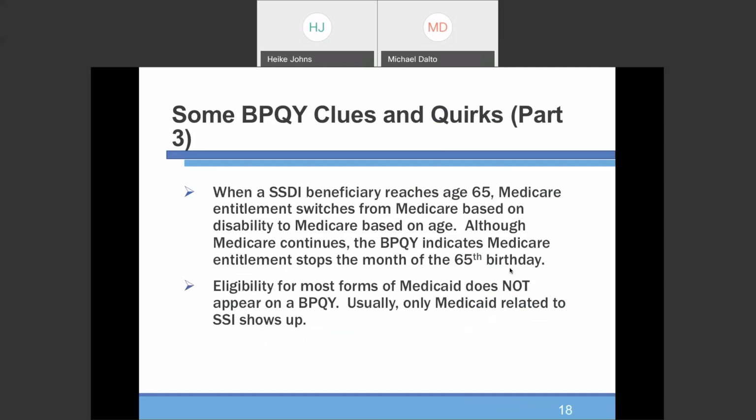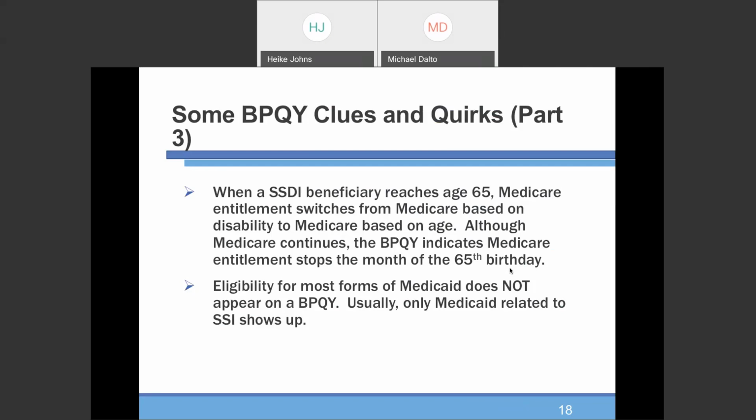Now, when somebody getting Social Security disability reaches age 65, their Medicare is going to switch from Medicare based on receiving Social Security disability to Medicare based on age. Their Medicare will continue, but the BPQY is going to indicate that Medicare entitlement stops. And there will be a date for Medicare stopping. That will be the month the person reaches age 65.